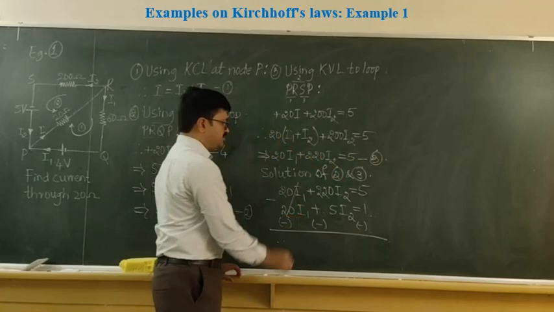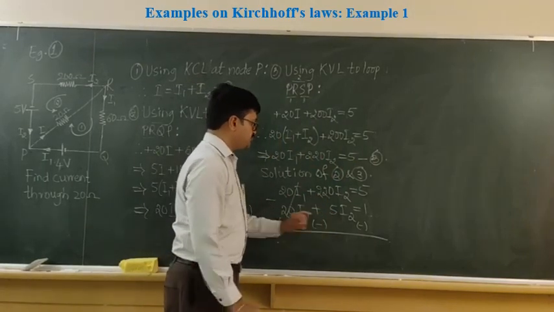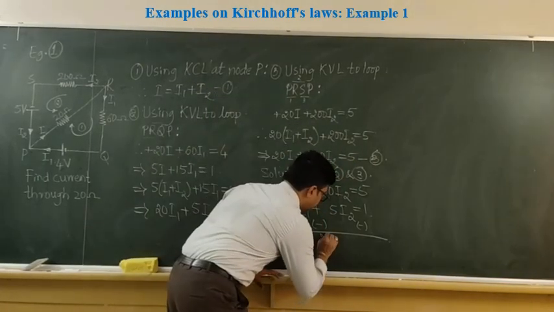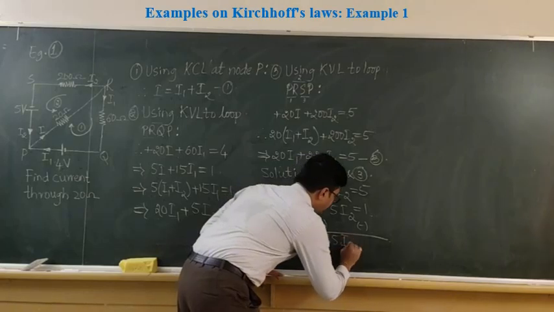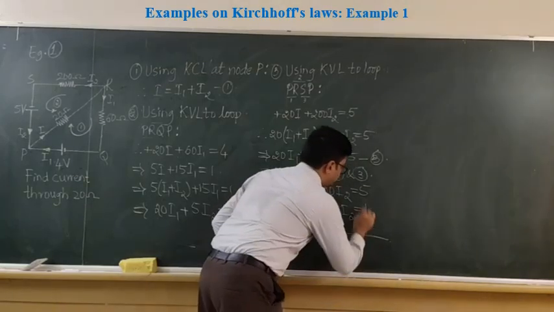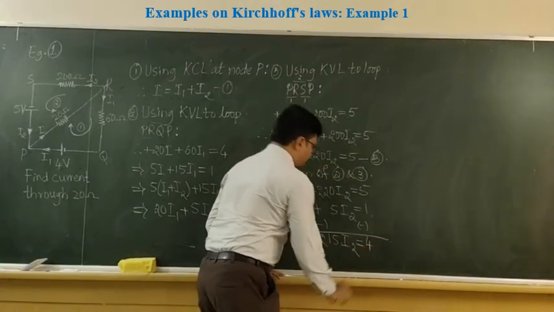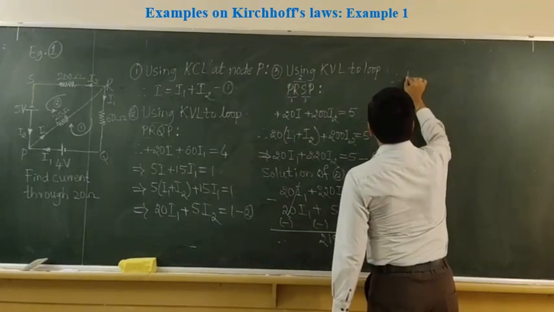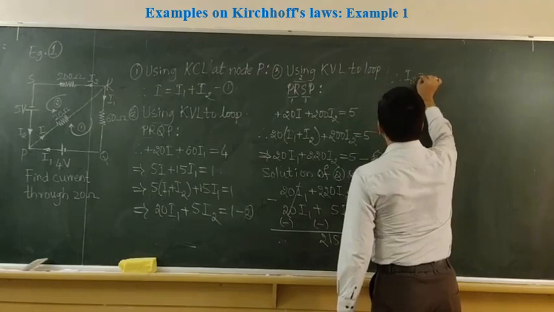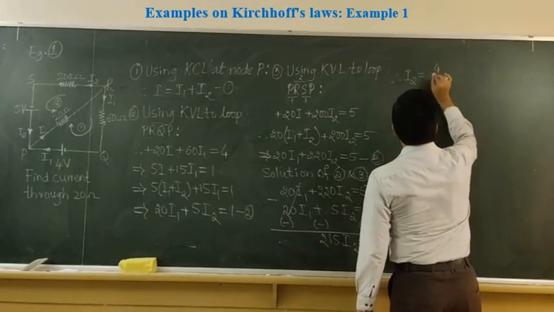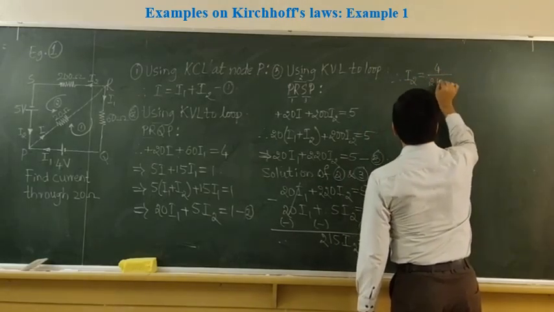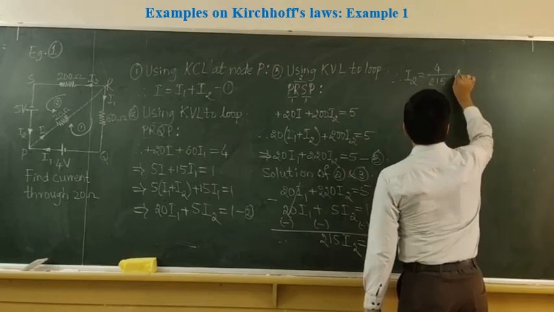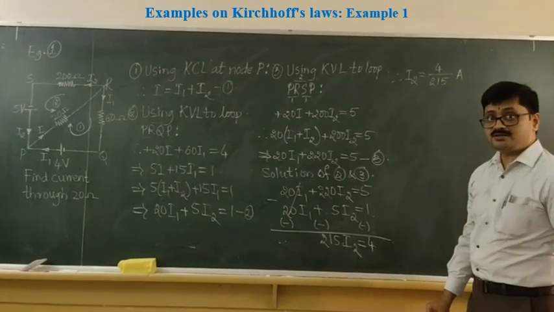So 20 I1 cancels off. 220 minus 5 is 215 I2 is equal to 5 minus 1, that is 4. Okay. So therefore I will say I2 is equal to 4 divided by 215 ampere. This is I2 for us.